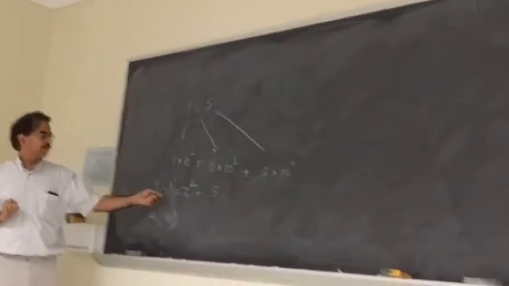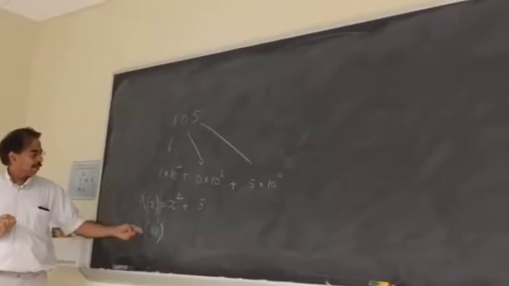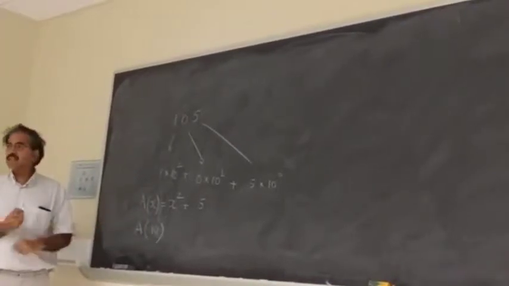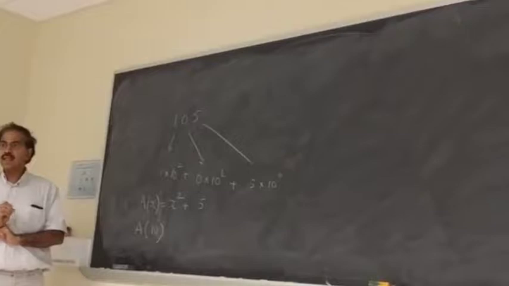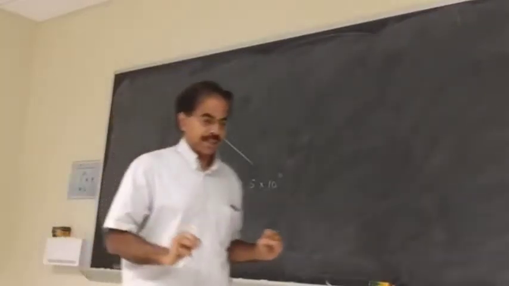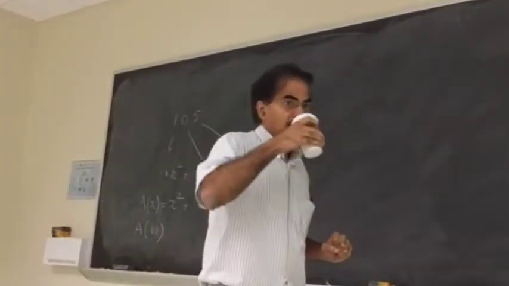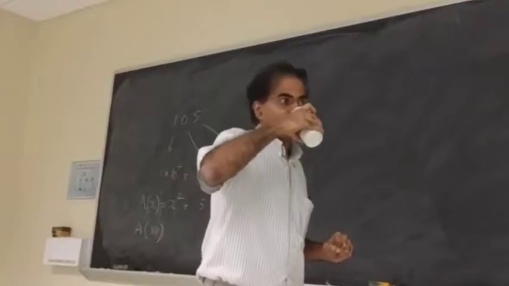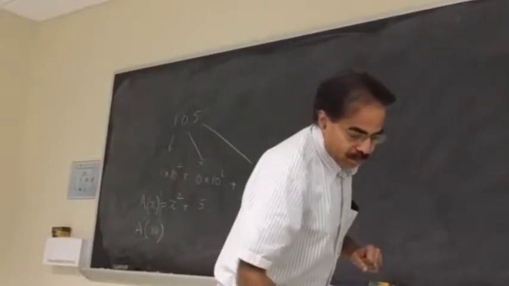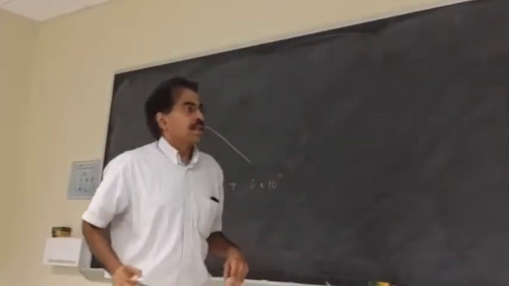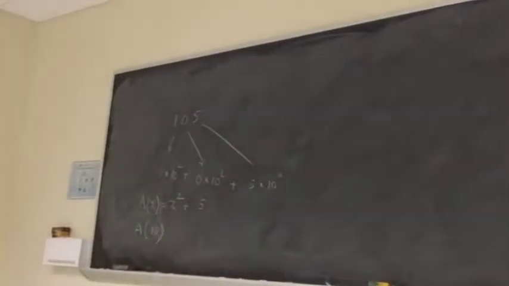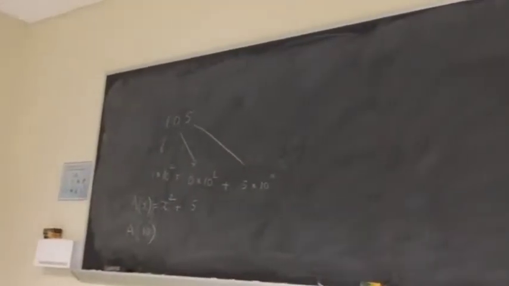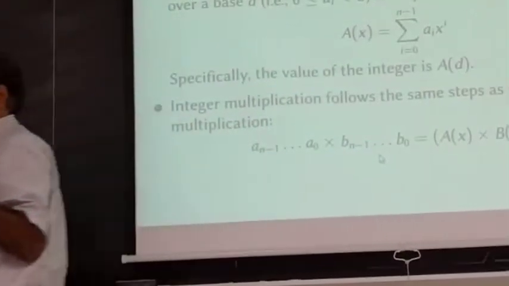So we substitute the variable in the polynomial by the base, and that gives us the value of that number. This is how we can think of this number as this polynomial a(x), which is the summation from 0 through n minus 1 of a_i x to the power i.